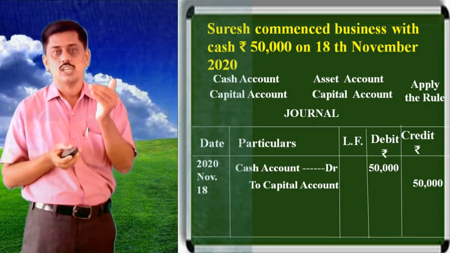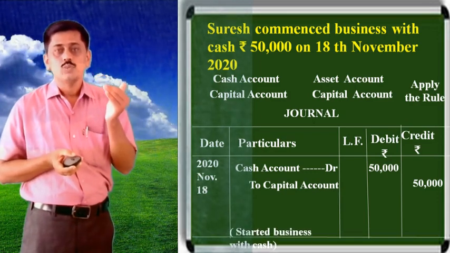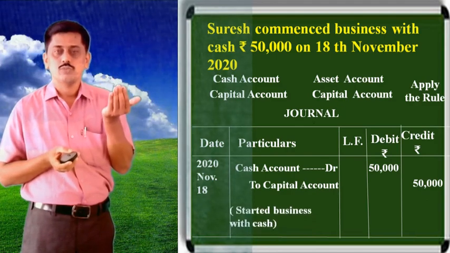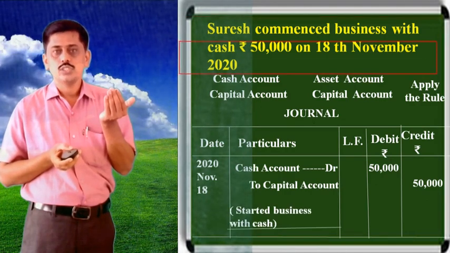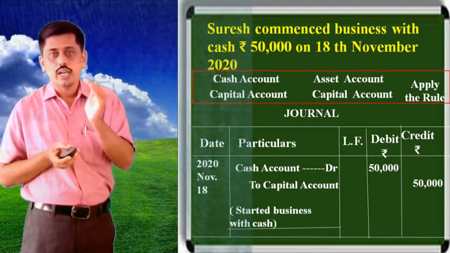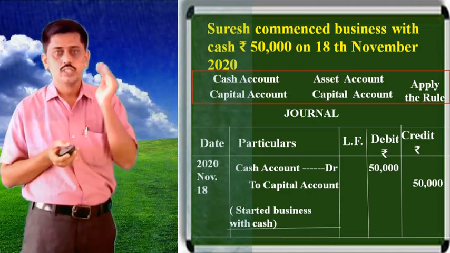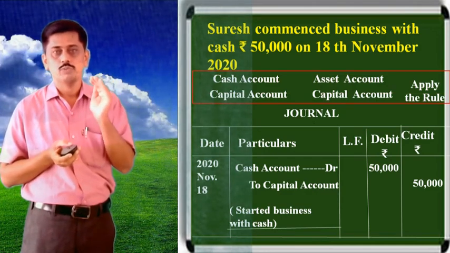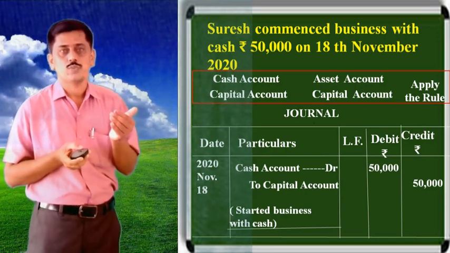That is narration. What is the narration here? Started business with cash, or business commenced with cash. This is how a journal entry is recorded. Cash account debtor rupees 50,000 to capital account rupees 50,000, narration: started business with cash. I hope it's very clear.